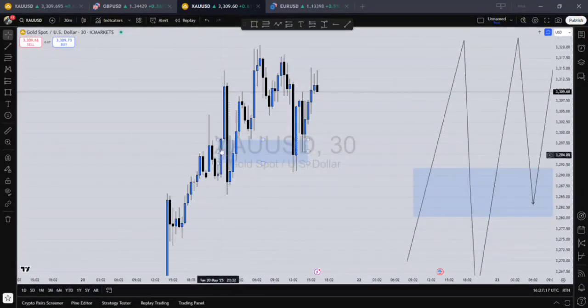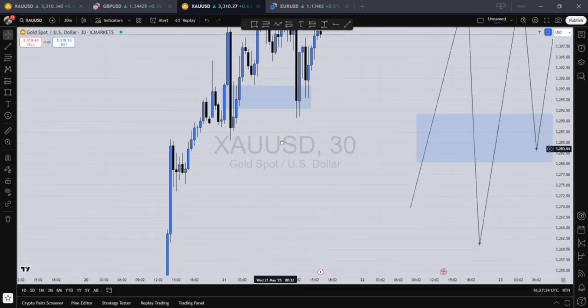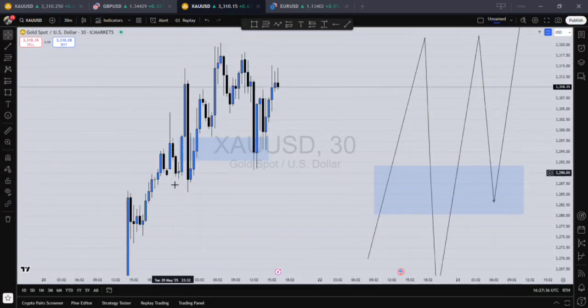This fair value gap was a fair value gap before price passed it. Because it failed to react, it became an inversion fair value gap. You can see price passed it the first time, the second time, and even tried to pass it the third time before it reacted. So this is a clear example of an inversion fair value gap.